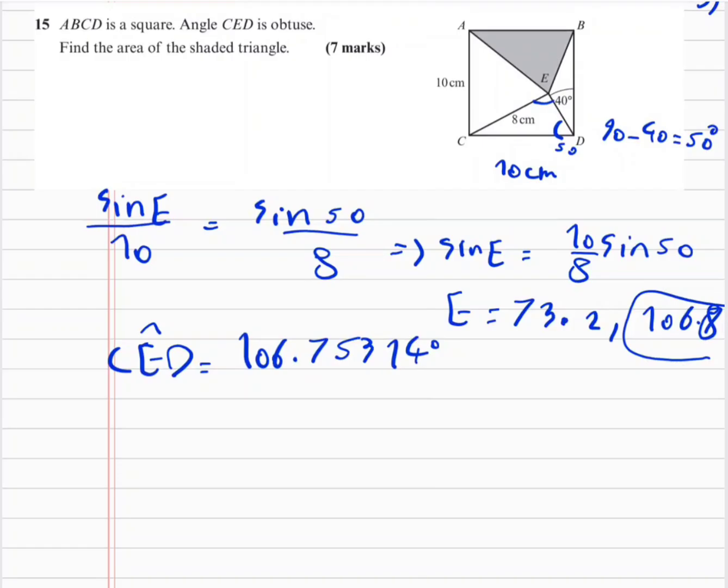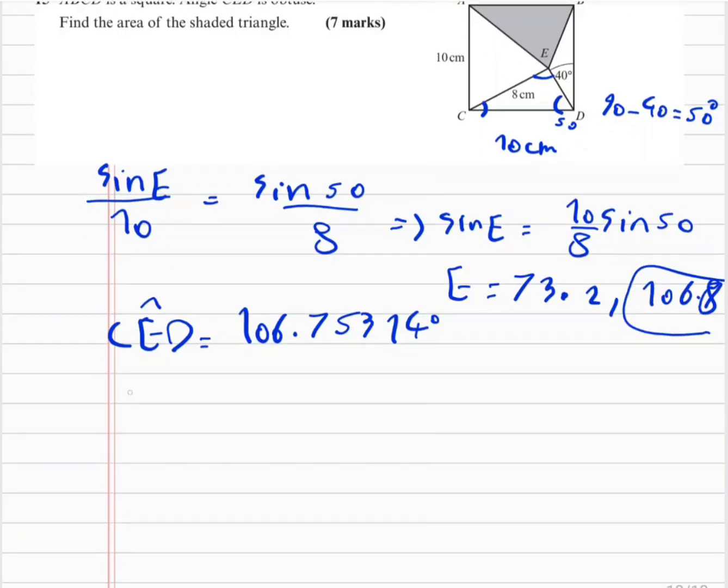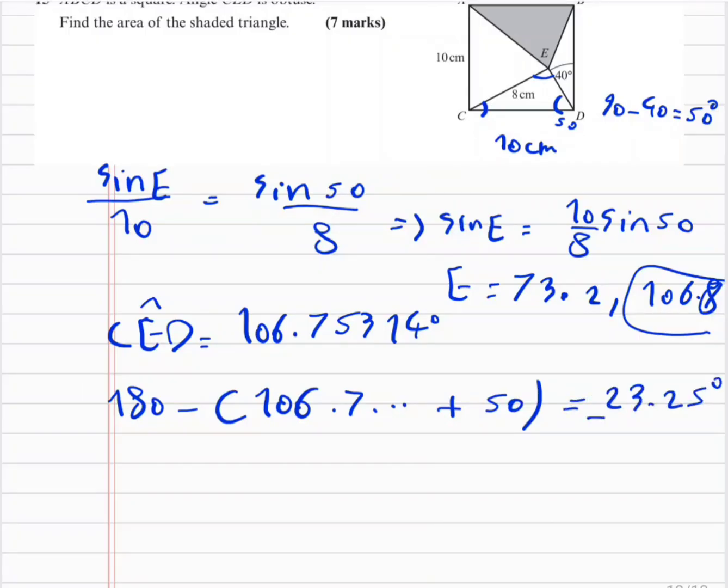Now we have CED and we have this part of D, so we can simply find angle C, which is equal to 180 minus the sum of the above angles. So 106.7 plus 50, and angle ECD is equal to 23.25 degrees.